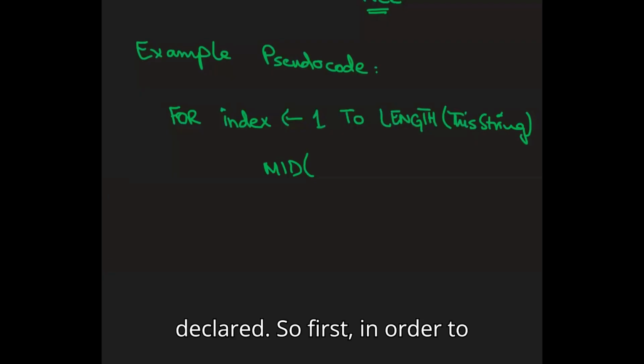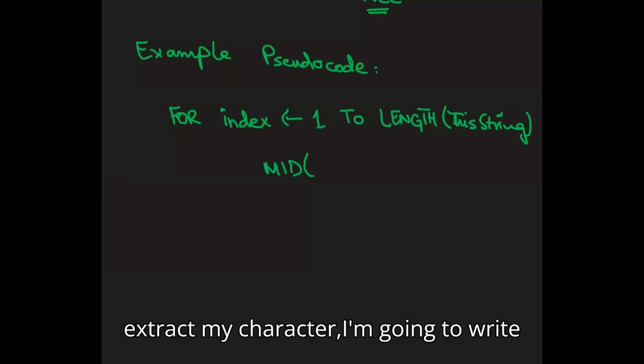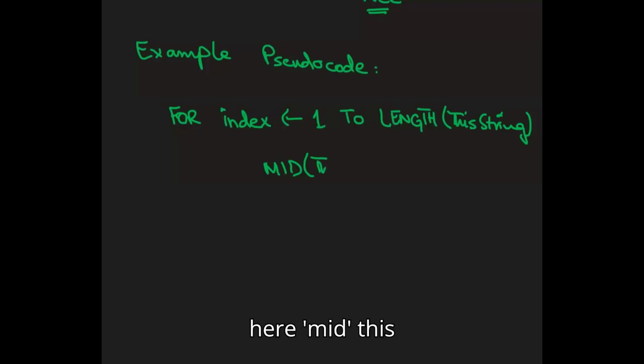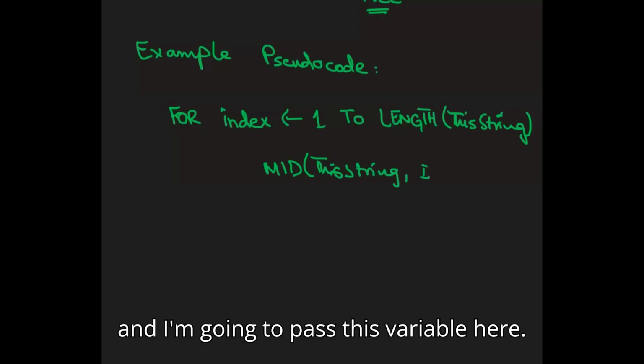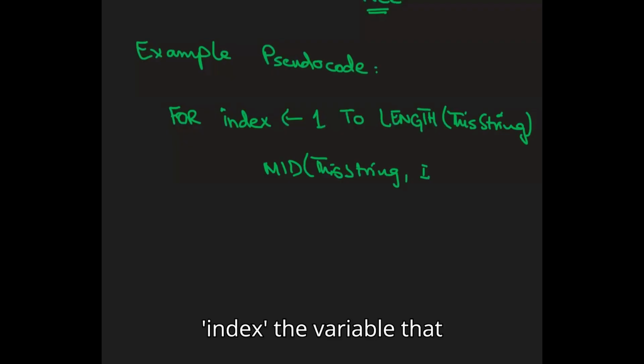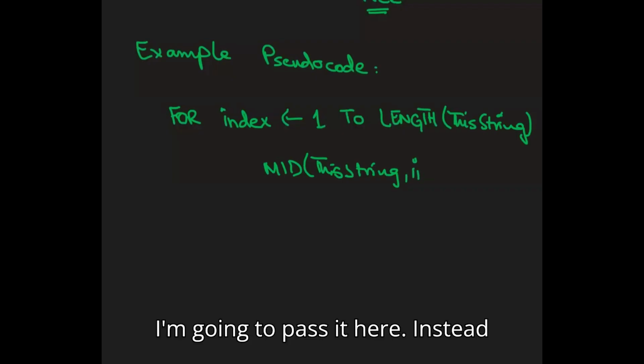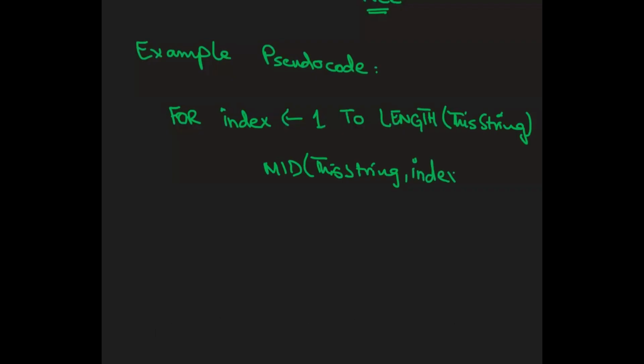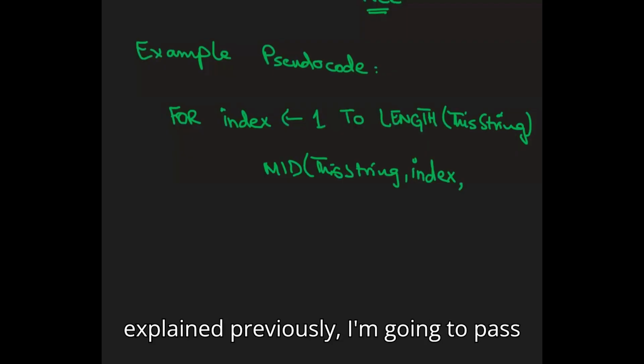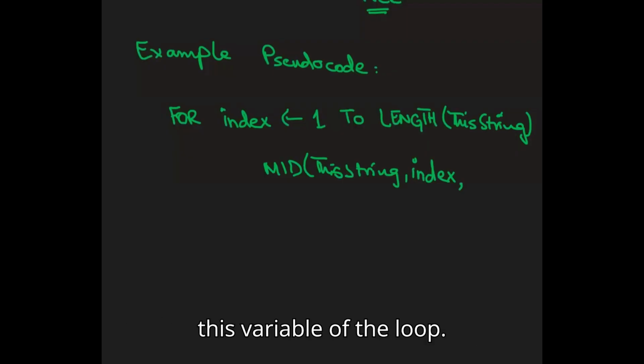Okay. So first, in order to extract my character, I'm going to write here MID, this string, and I'm going to pass this variable here. Index, the variable that I declared for the loop. Instead of the integer value that I just explained previously, I'm going to pass this variable of the loop.